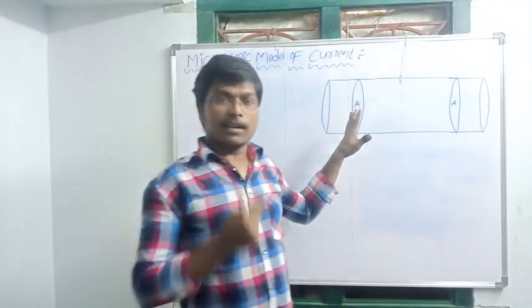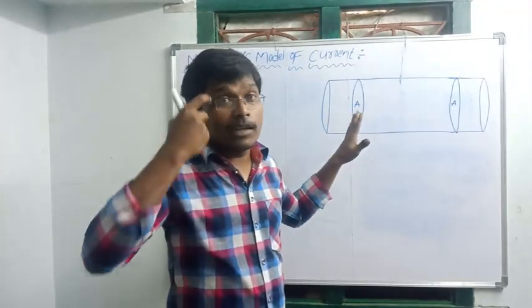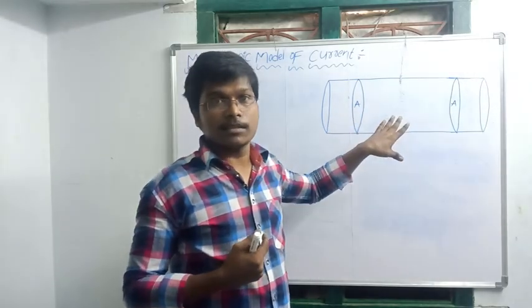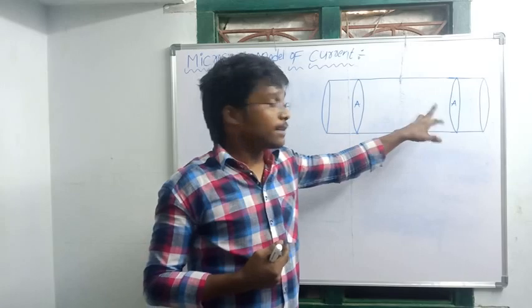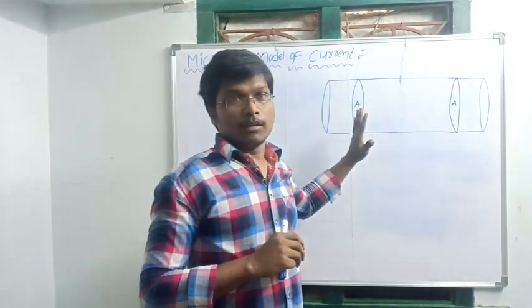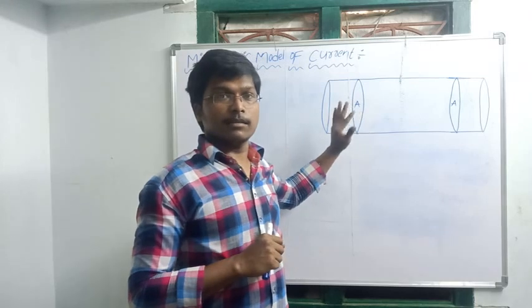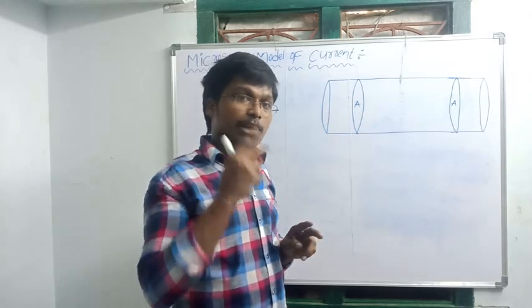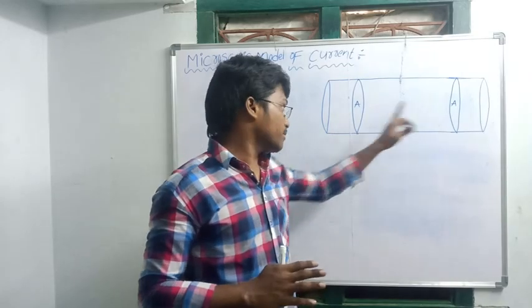Let us consider a conductor and take two areas of cross section in that conductor. The two areas of cross section are the same, this one and this one.